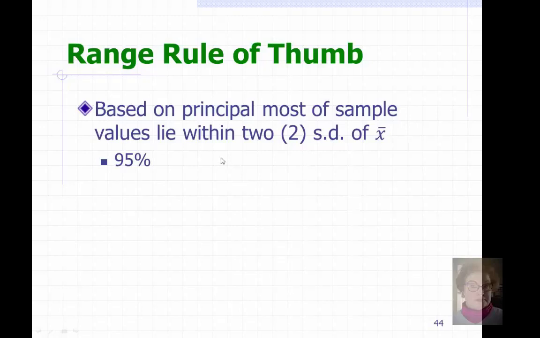We're going to talk about normal distributions in chapter 5, I believe, and we're going to talk about this a little more. But when we talk about normal distributions, most of the individuals lie within 2 standard deviations of the mean. In fact, 95% of the individuals in a data set usually lie within 2 standard deviations of the mean.